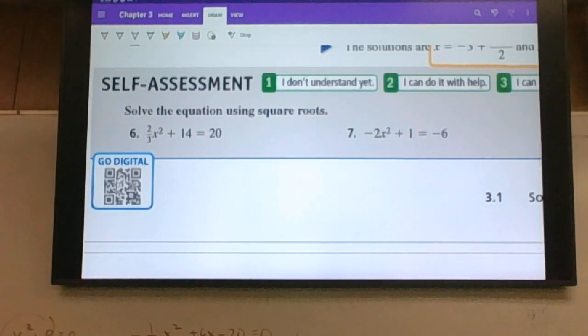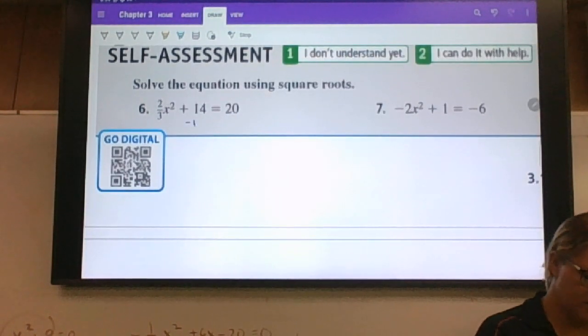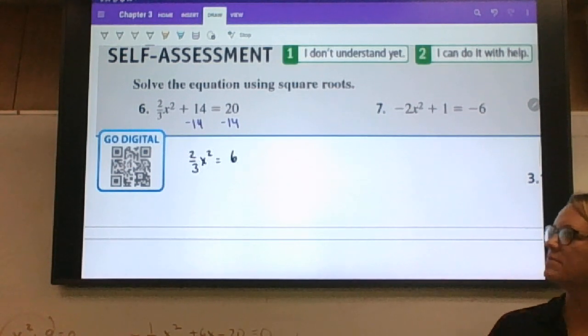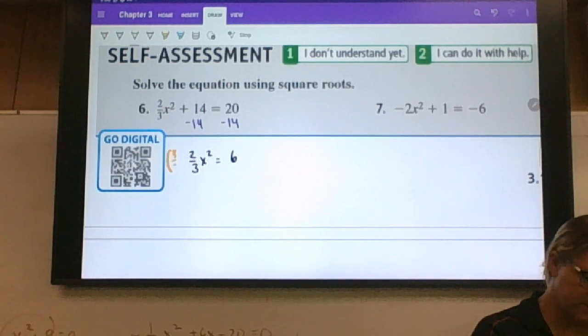So no decimal answers. I don't want a single decimal. No decimals here. Okay, so I minus the 14. And now I'm going to multiply by the reciprocal.